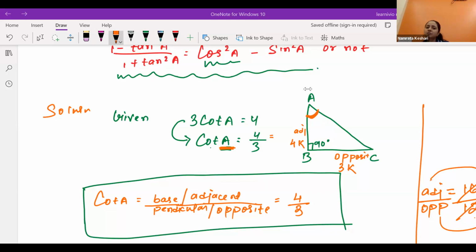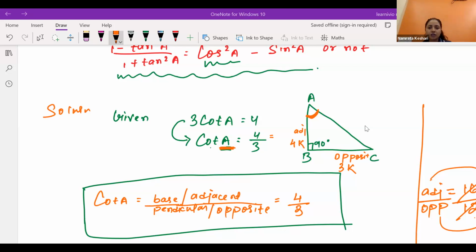Cot is hypotenuse by opposite. Yes, Arish, check the formula. On day 1 it was already there. It was adjacent over opposite.